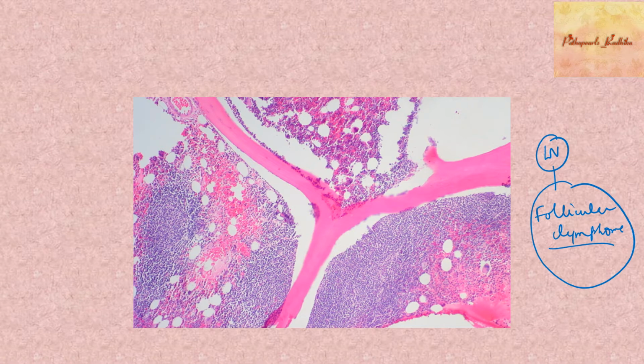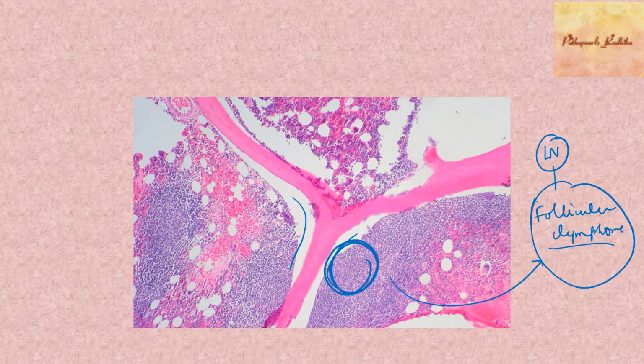So in that case, what happens? Follicular lymphoma can have a characteristic appearance in the bone marrow. They tend to localize near the bony trabeculae. So that's why I was telling about paratrabecular. Whenever you see a paratrabecular lymphoid aggregate in a bone marrow, it usually alerts to some abnormality, and mostly this particular pattern is associated with follicular lymphoma.